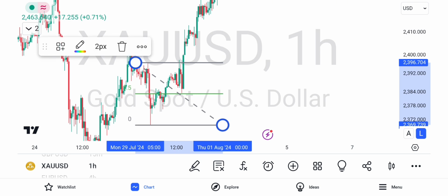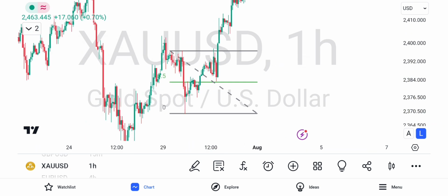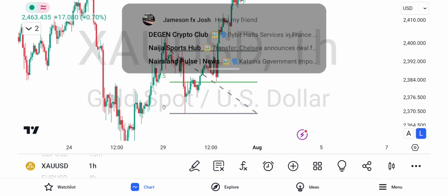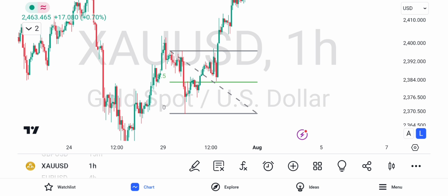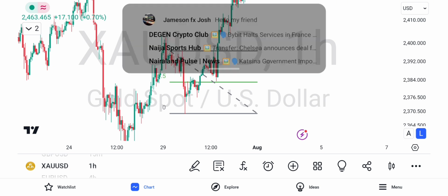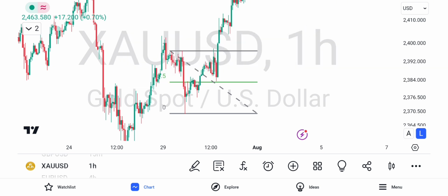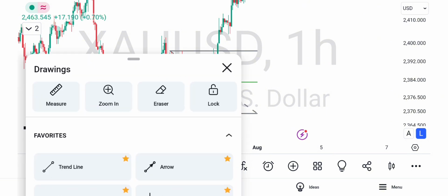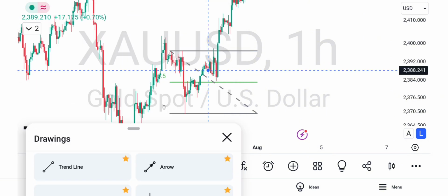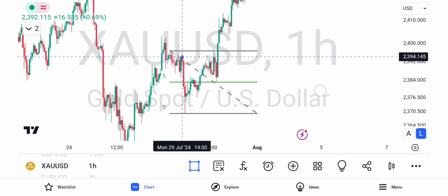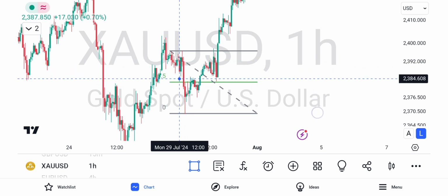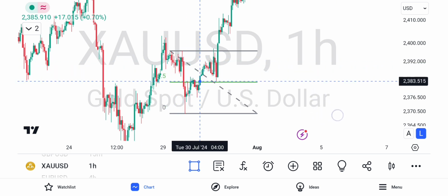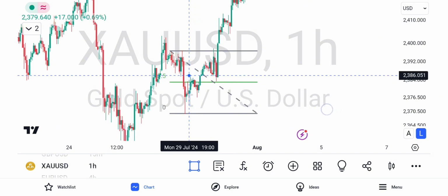Step two is to measure our impulsive move with our fib, and then we can decide to draw our rectangle if we so wish. So we pick our rectangle tool, and then at this point we can see that it is at premium.